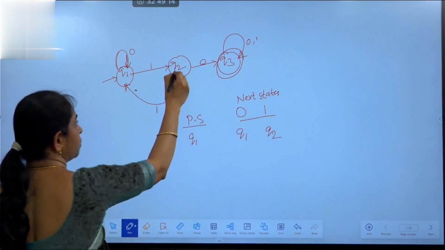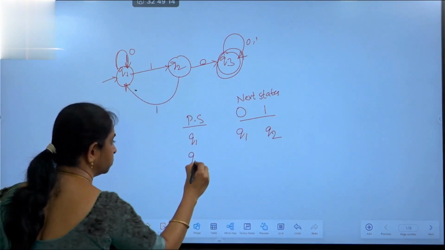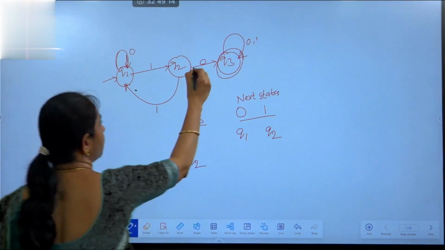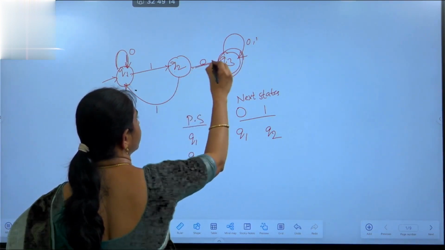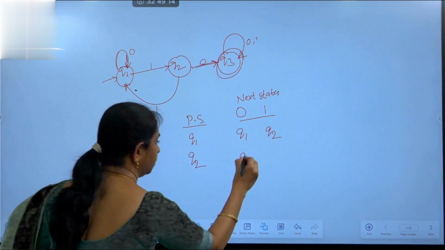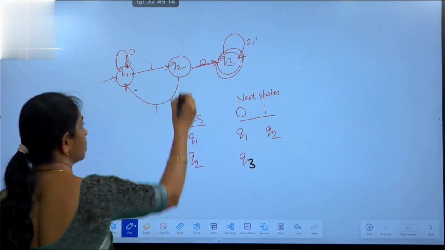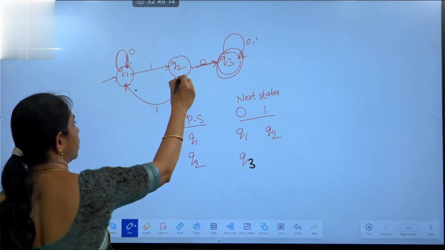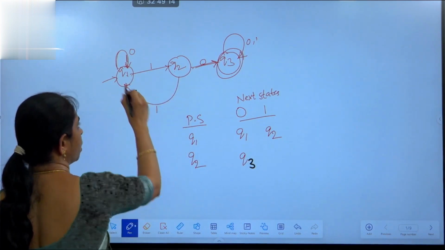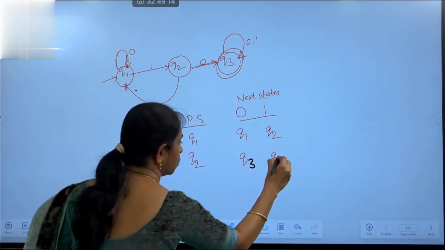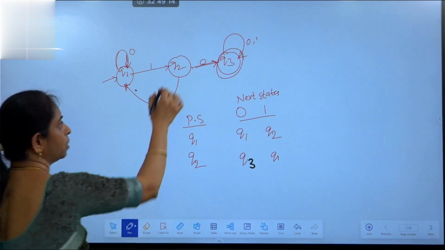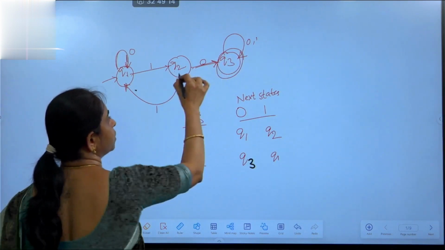Next, coming to state Q2: on input alphabet 0, following the arrow mark, we move to Q3. On input alphabet 1 from Q2, the next state is Q1. That's all about the outgoing edges of Q2.